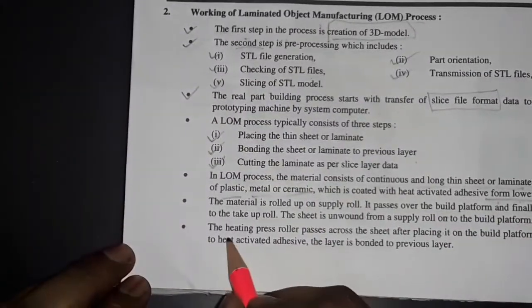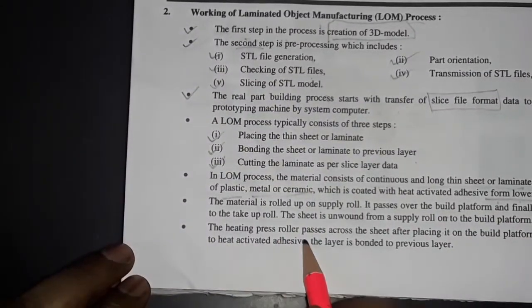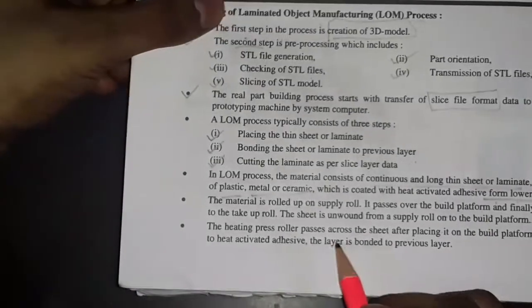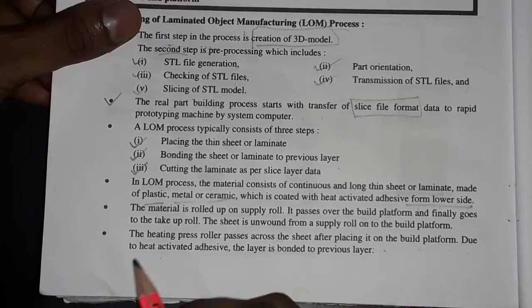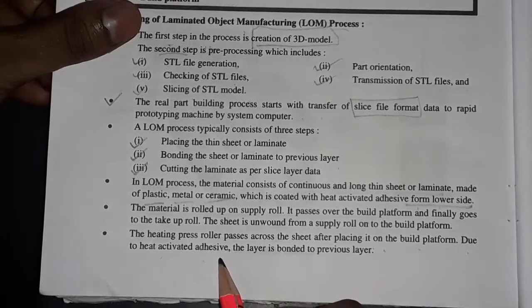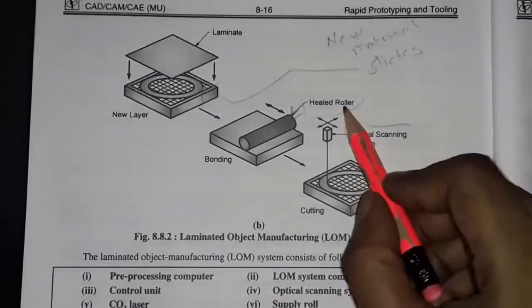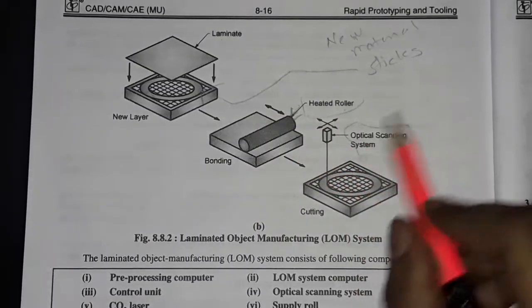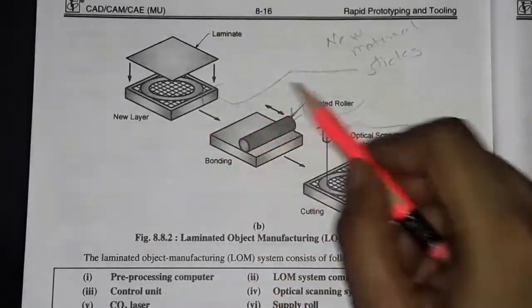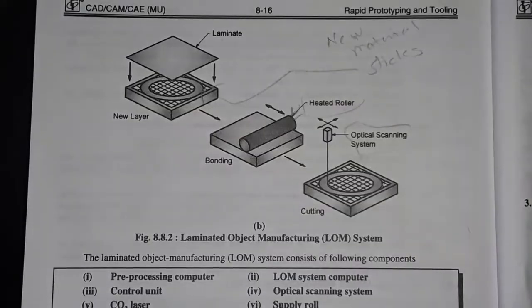Now the heating press roll passes across the sheet after placing it on the build platform. Due to the heat activated adhesive, the layer is bonded to the previous layer. As we have seen in this diagram, this heated roller rolls over the new layer of material, and due to this it sticks to the previous layer.